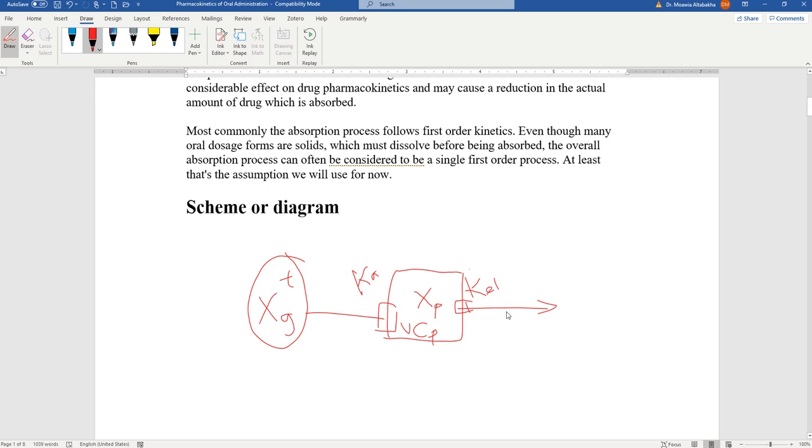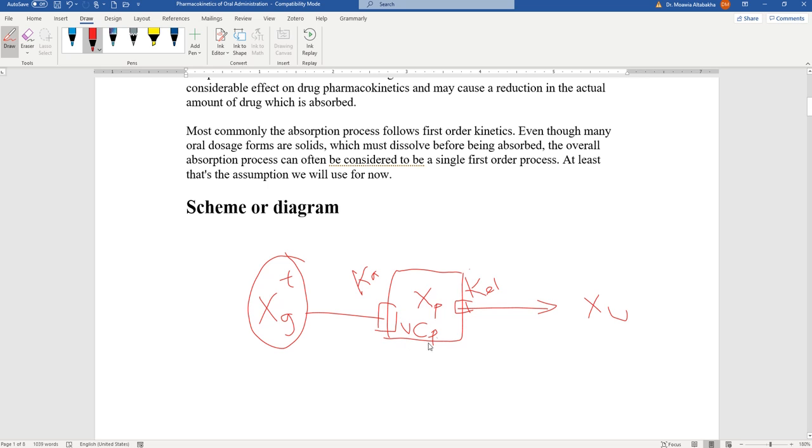Okay, now this is the scheme. So now here the drug is eliminated. You can say XU here for example, which is the amount eliminated. Now when we write the differential equation, we want to see how the concentration changes here. This is very similar to IV infusion.